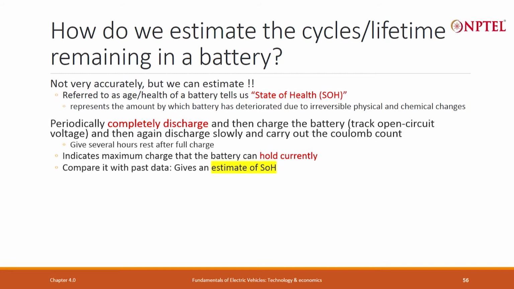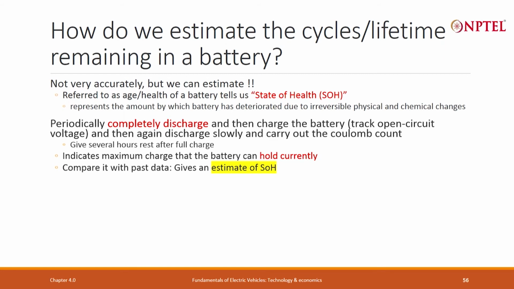When you completely discharge it and track open circuit voltage, when the cells have become close to 3.0 volt, the battery is nearly completely discharged, that is close to 0%, 1% SoC. So, that is one way you get it.